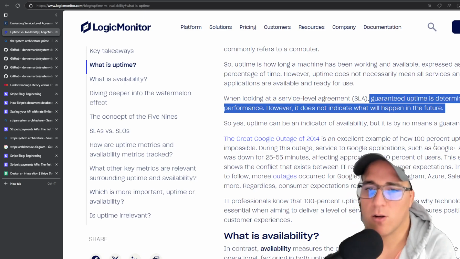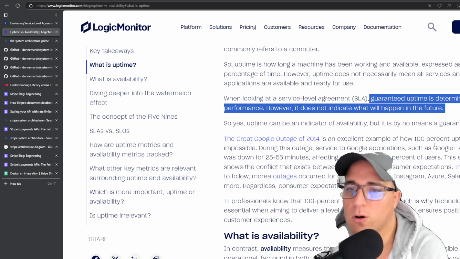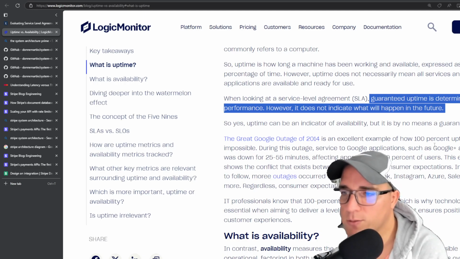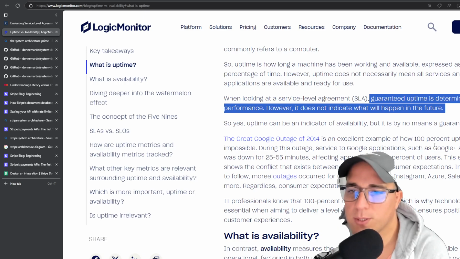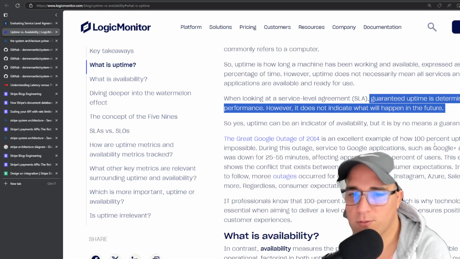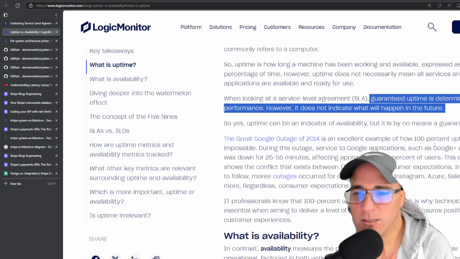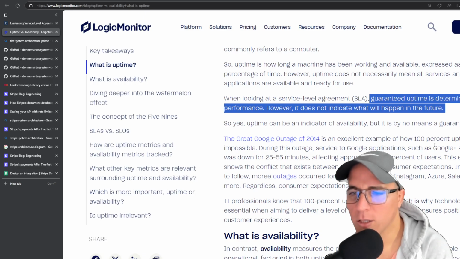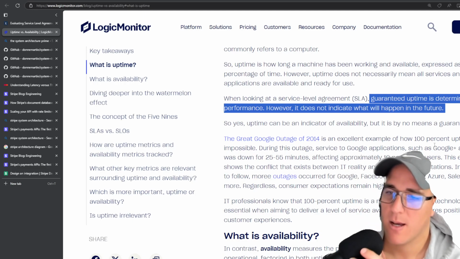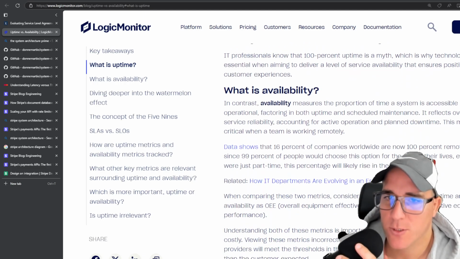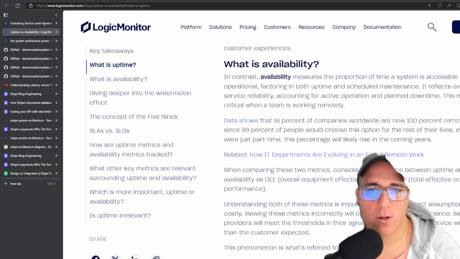In the years that followed, more outages occurred for Google, Facebook, Intel, and more. Regardless, consumer expectations remain high. IT professionals know that 100% uptime is a myth, which is why technology is so essential when aiming to deliver a level of service availability that ensures a positive customer experience. Now, what is availability?